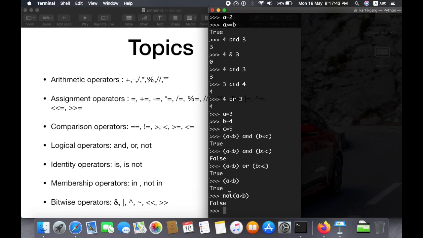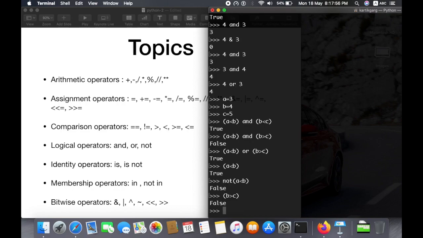Not gives me the negation. Suppose I have a value that is already false, and I want it to be converted to true, then what will I do? Simply add not before it. Not negates and changes the boolean value to a different value.